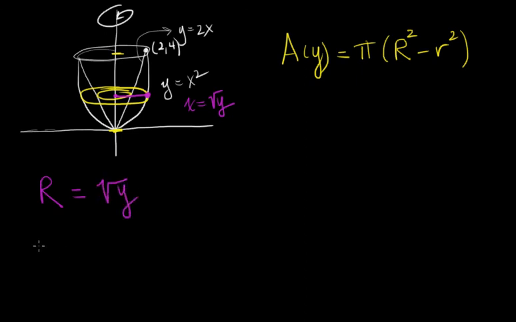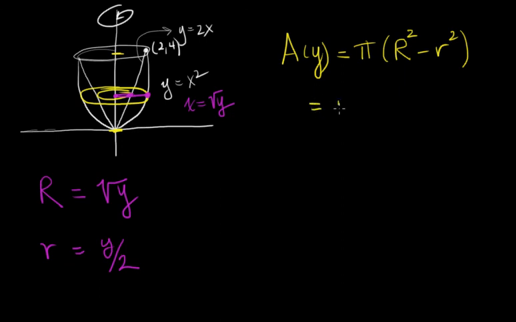And we could say the big radius then is the square root of y. And the little radius is, go up here, it's from the y-axis out to x on the line. So x on the line is y over 2. 2x equals y, x equals y over 2.